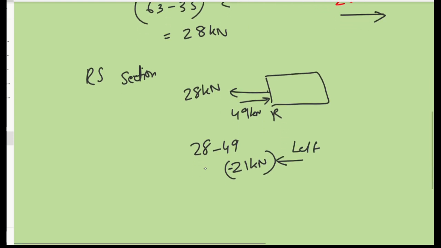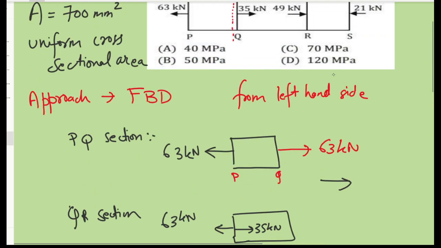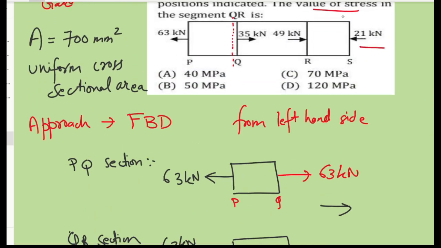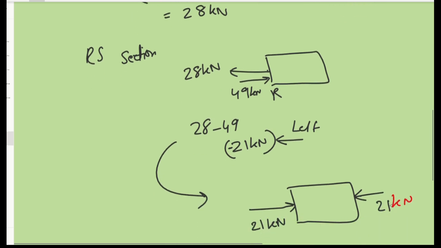So ultimately, this we can draw as 21 kilonewton towards RHS. So again, it will come 21 by balancing. This is 21 kilonewton, and this we can verify. We were looking up till just before point S, but we see it is balancing this force.